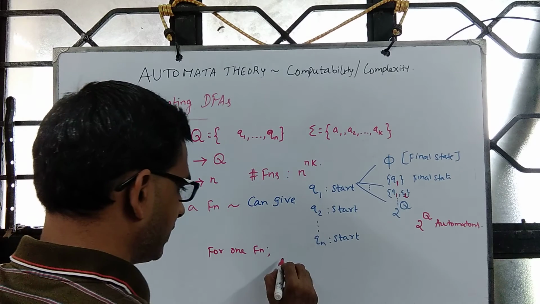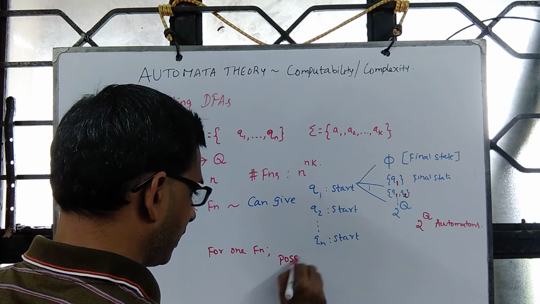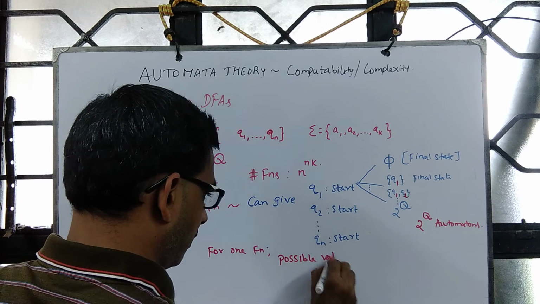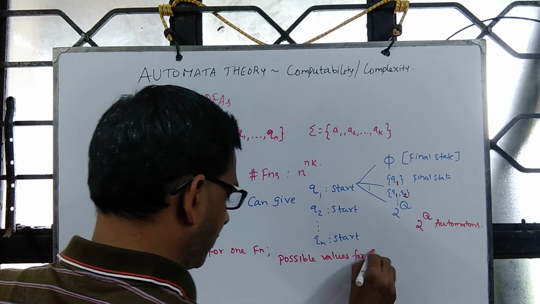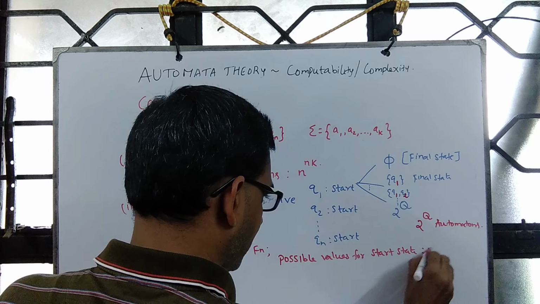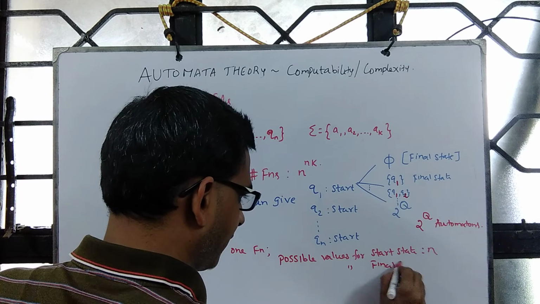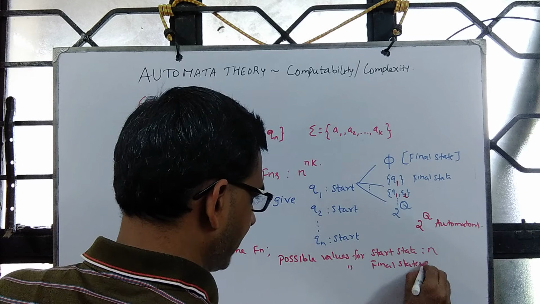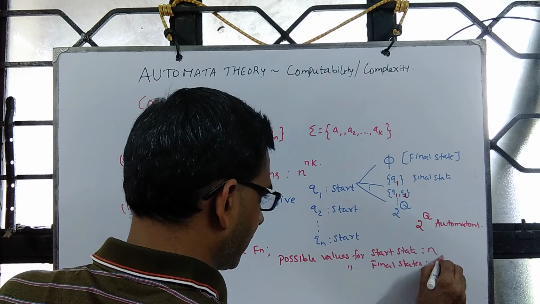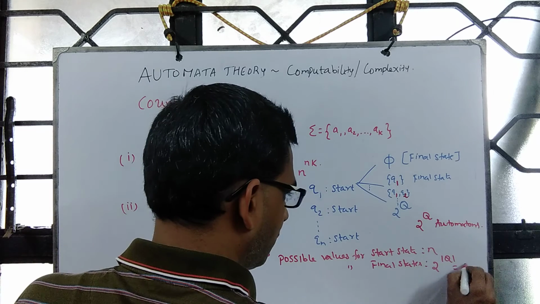So for one function, possible values for start state is n. Possible values for final states is 2 power cardinality of Q, which means 2 power n.